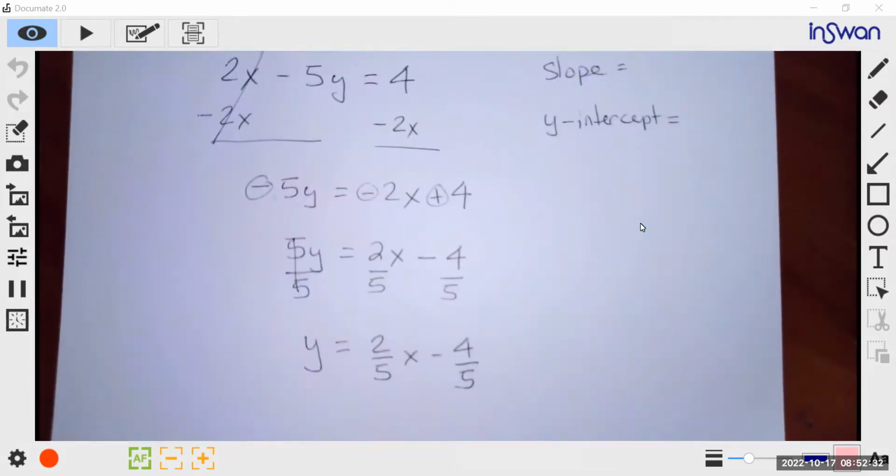So what's my slope? Look at your notes, see where the slope's located. Look at the steps I put in the last question.